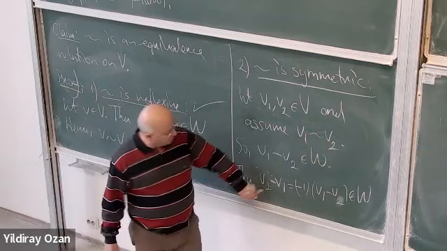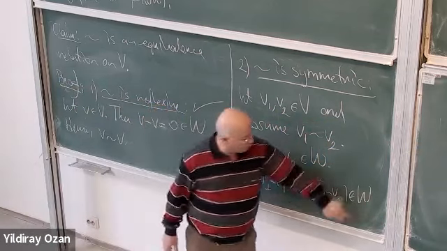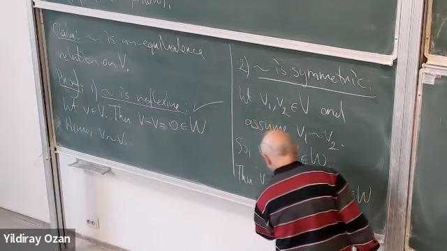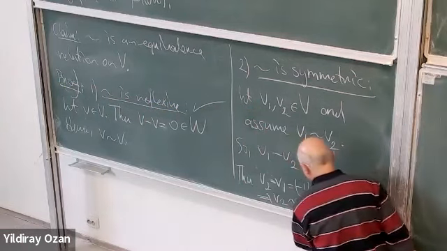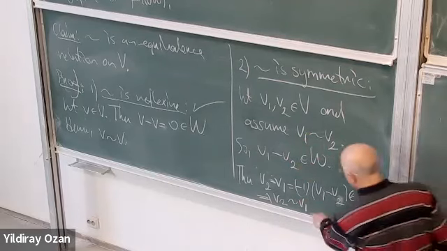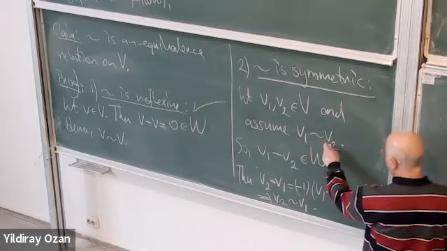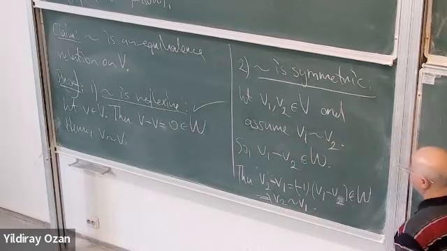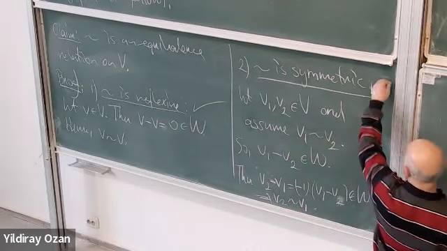But this means v2 minus v1 is in W. This implies v2 is related to v1. So if v1 is related to v2, then v2 is related to v1. Therefore, it is symmetric.